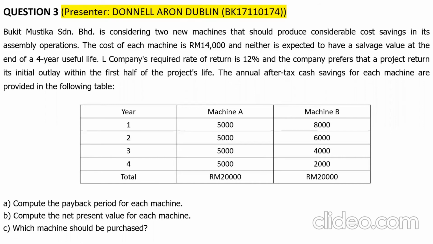We can see in this table the annual after-tax cash savings for each machine, and it has 3 questions which require us to calculate the payback period for each machine and the NPV value for each machine, and which machine should be purchased.